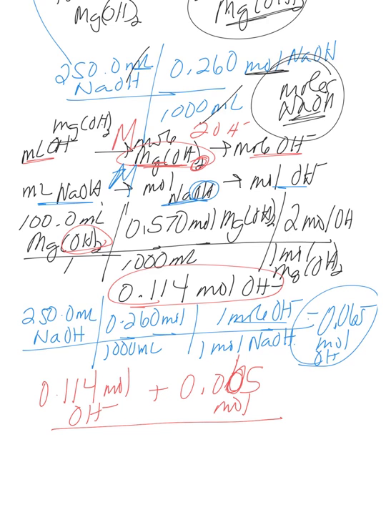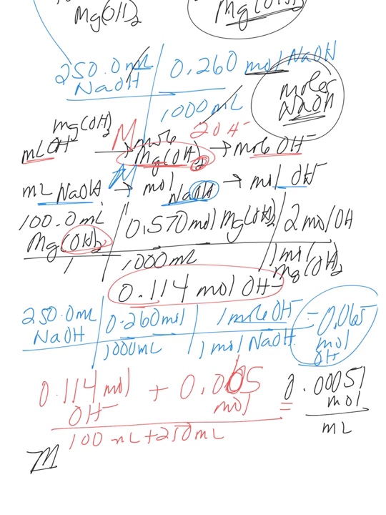And you're going to divide this over the total volume, which was 100 milliliters plus 250 milliliters. So that gives you 0.00051 mole over 1 milliliter. But to get it into molarity, you've got to convert it to moles per 1 liter.